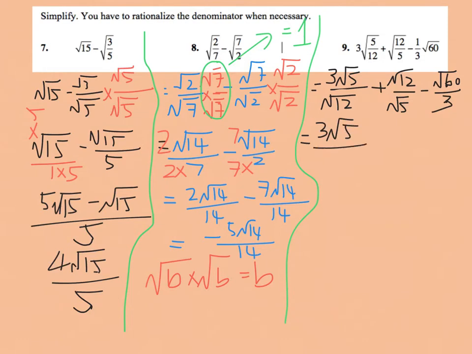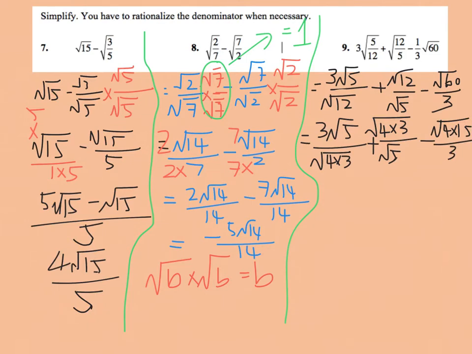So root 12 would be 4 times 3, and root 12 is square root of 4 times 3 divided by root 5, and root 60 can be rewritten as 4 times 15 over 3.